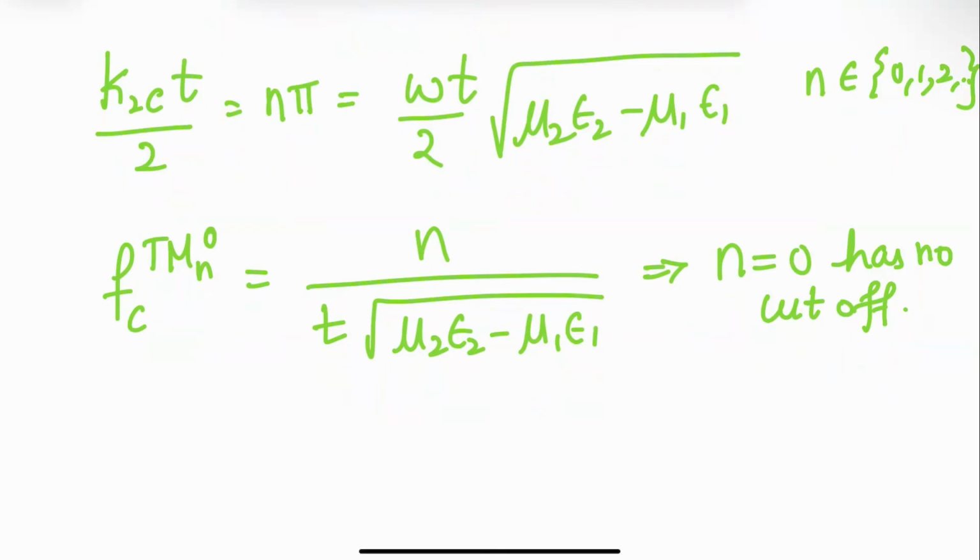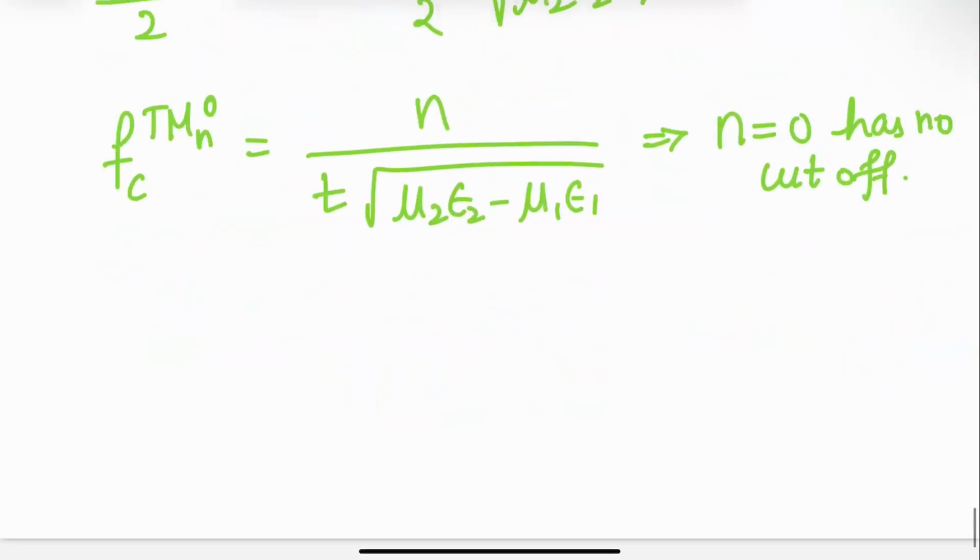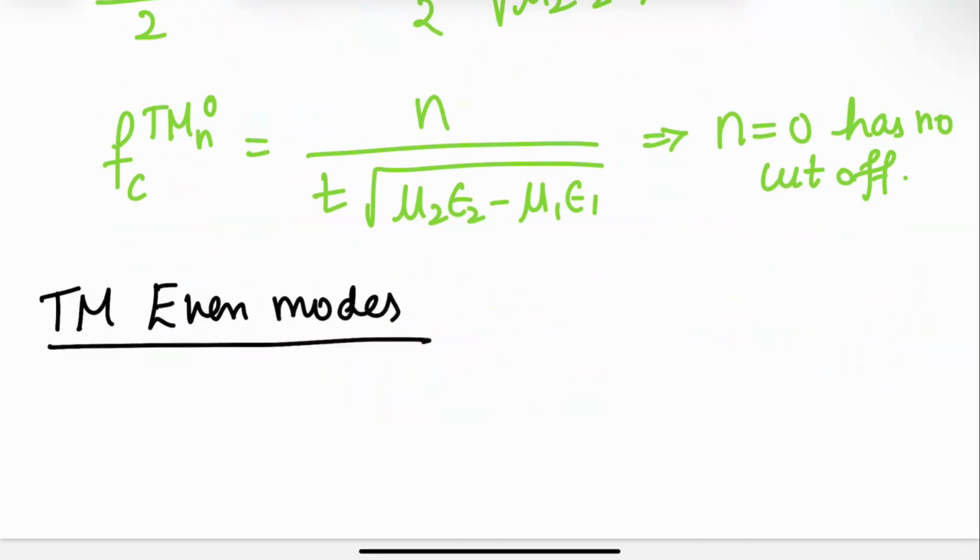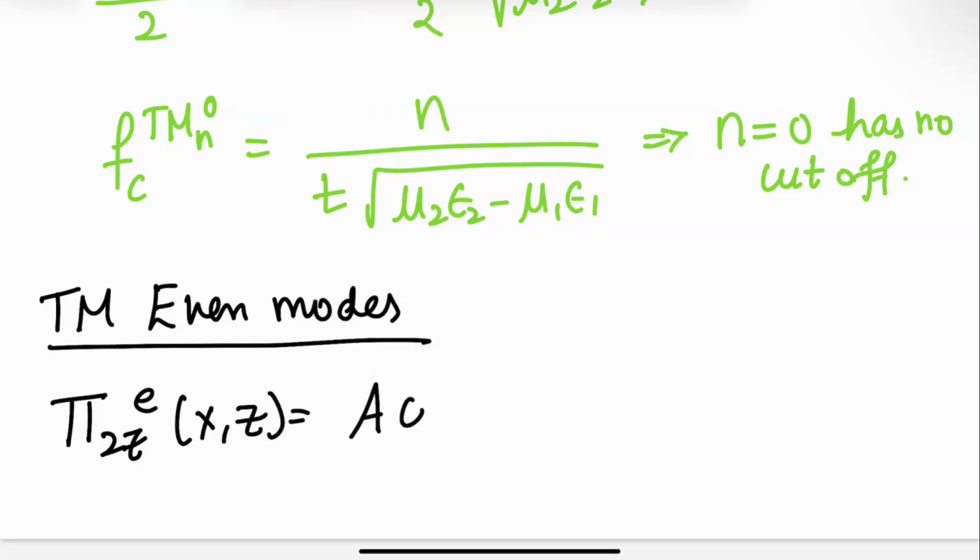Now the TM even modes look very similar, which we'll quickly go through. So psi_z even of x comma z is a cosine of a_c x times e to the i beta z.